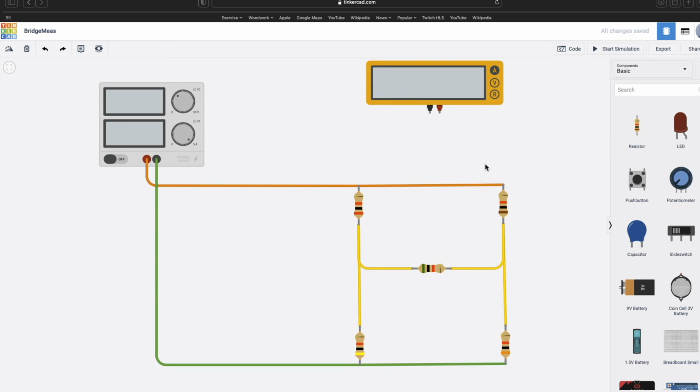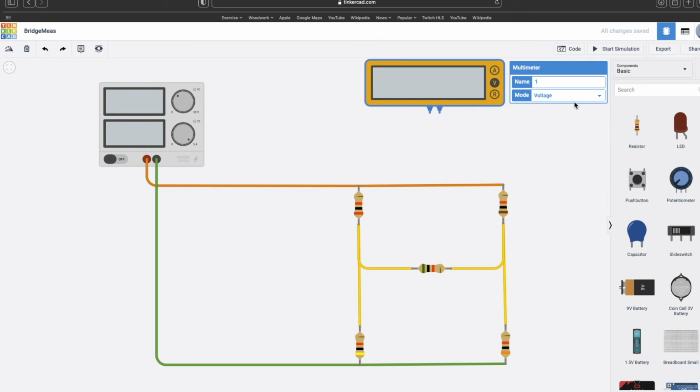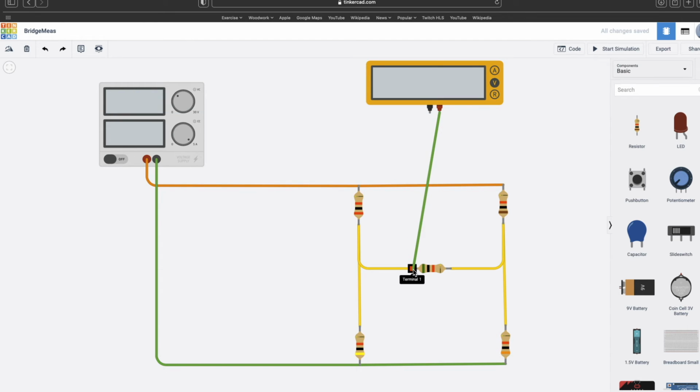Okay, so anyway, we're going to use this to measure the voltage across that resistor with our plus to there and our minus to there. I've set our voltage supply to 10 volts. I will set this now to a voltmeter and put the plus to that end of the resistor.